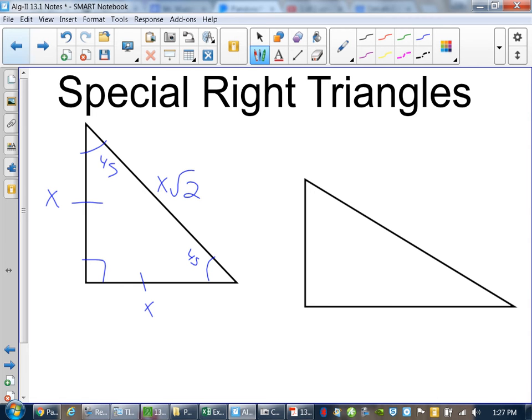And it was the same basic idea for the 30, 60, 90 triangle. What shape did that come from? Don't say just a triangle. What kind of a triangle?